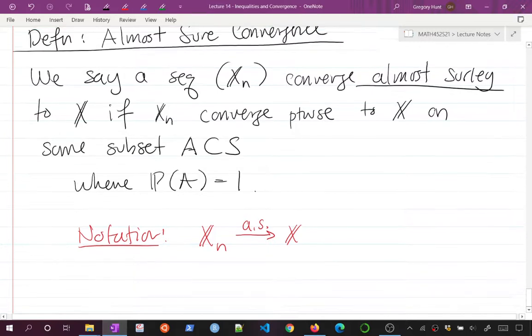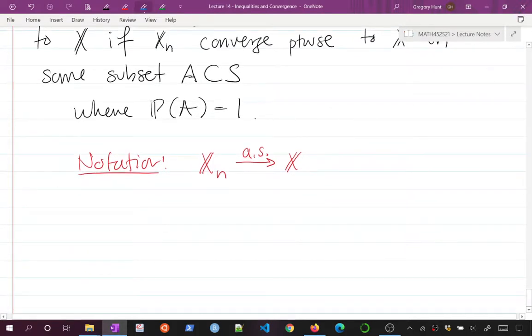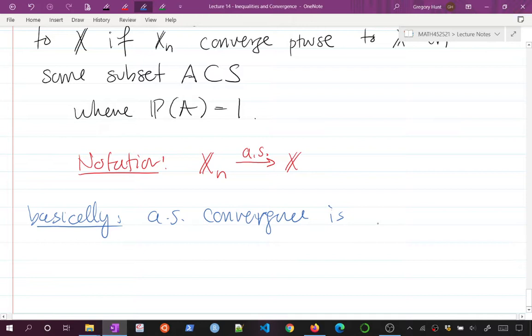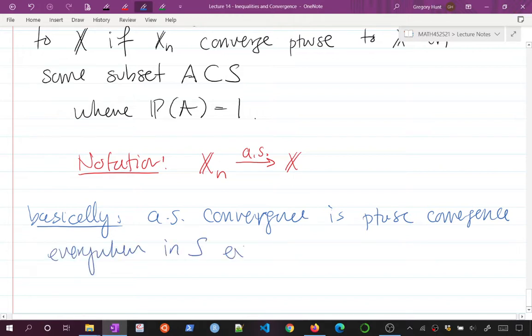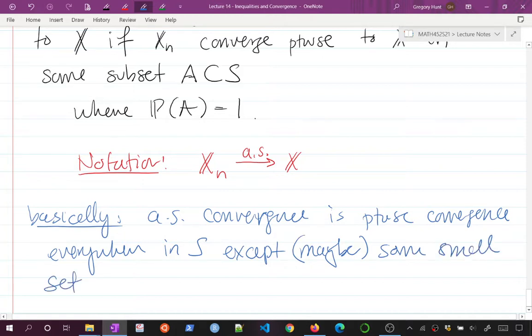So almost sure convergence is pointwise convergence everywhere in S except maybe some small set E with probability 0.